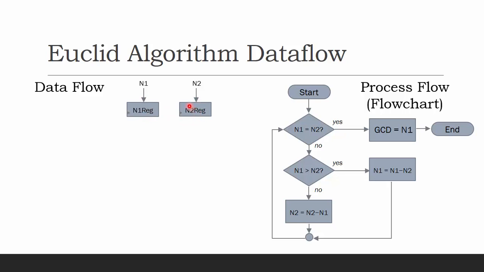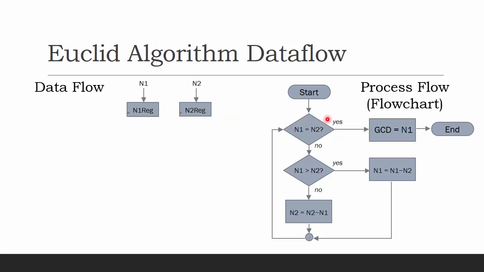This is how we draw the register. The notch here is to indicate that it is a register. This thing is supposed to get clock input, but we're not going to draw it because it will clutter our diagram. So this is the initial state.